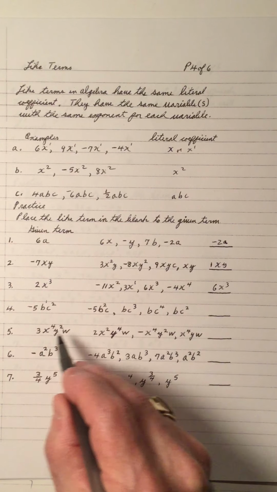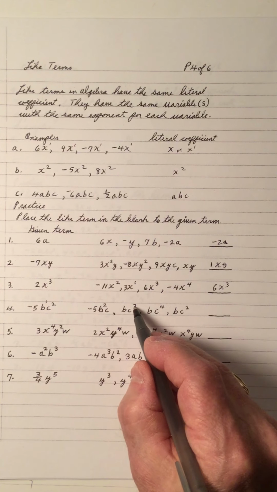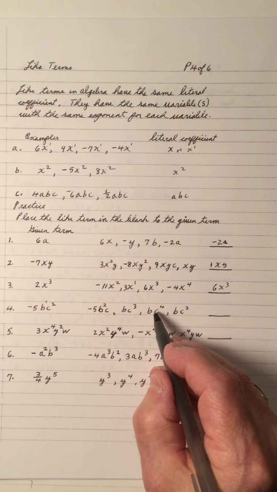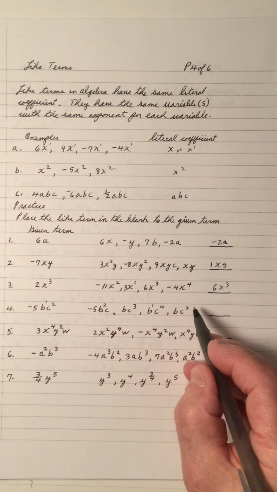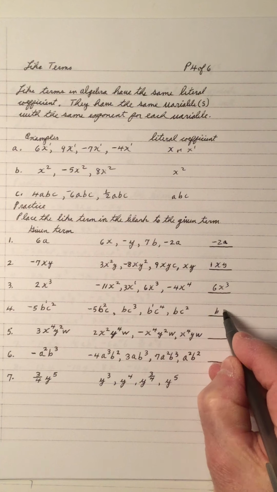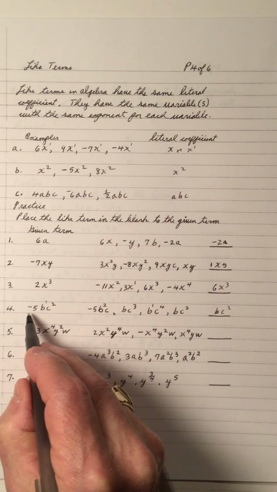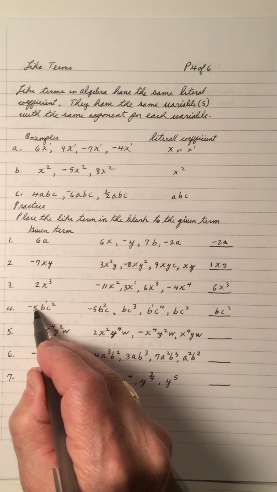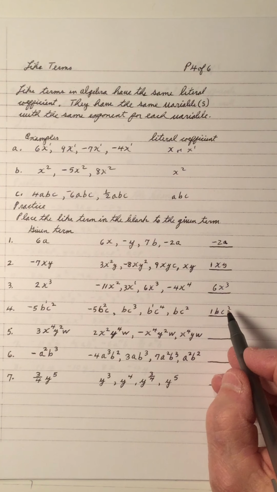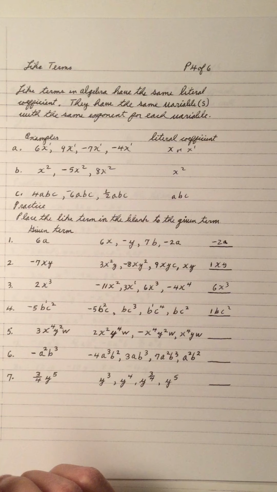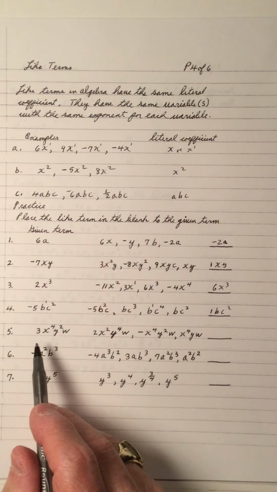Power of b is 1. No, b has a 2. c has a 3. No. b has a 1. And d has a 4. Nope. Oh, b c squared. The numerical coefficient right here is negative 5. And the numerical coefficient here is 1. But as long as they have the same variables and the same exponents.